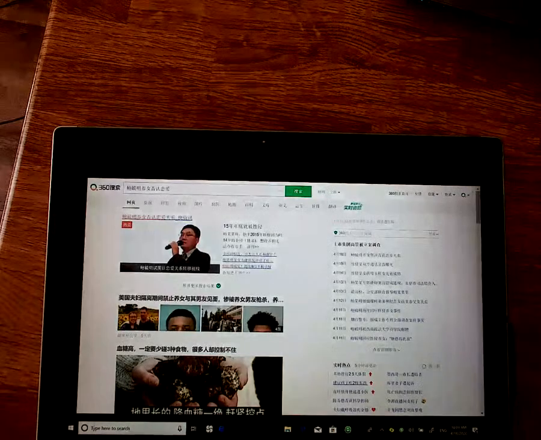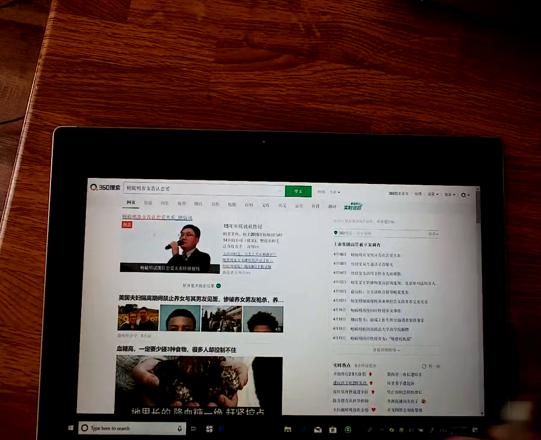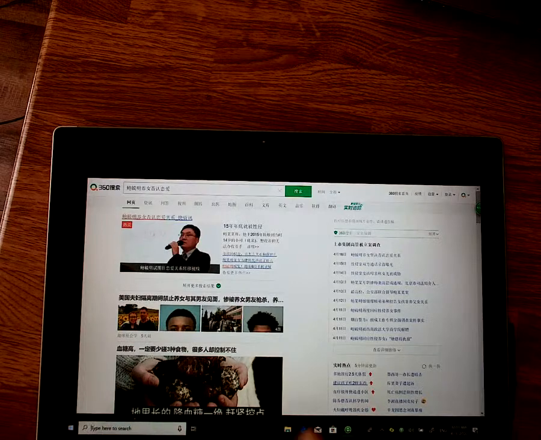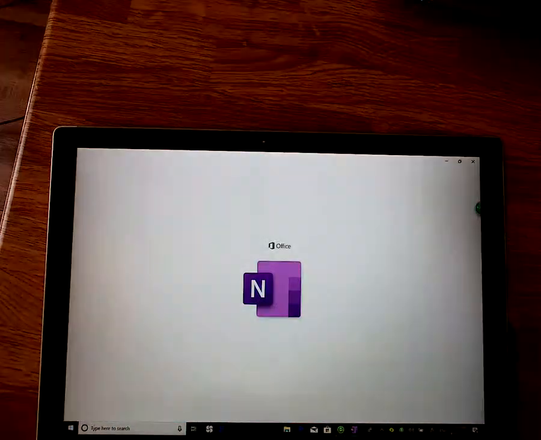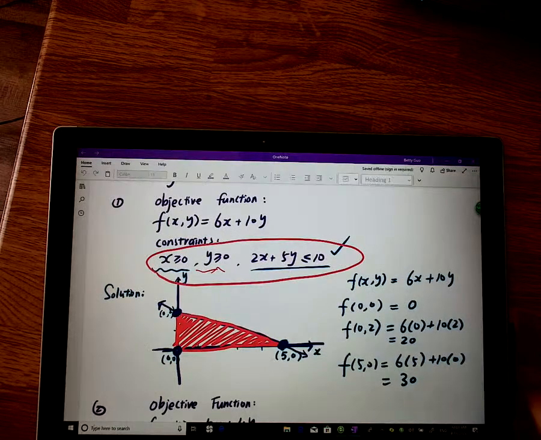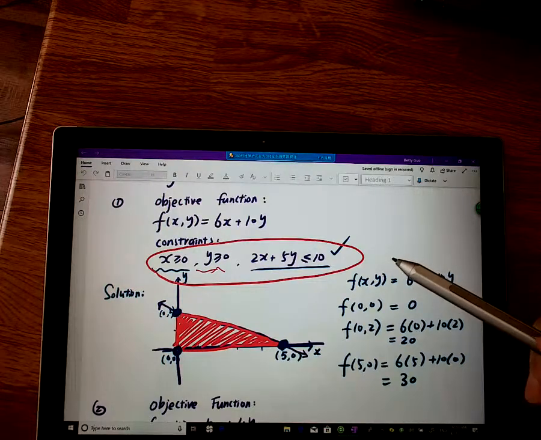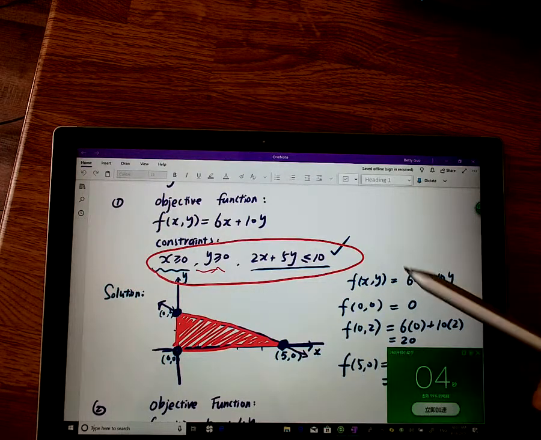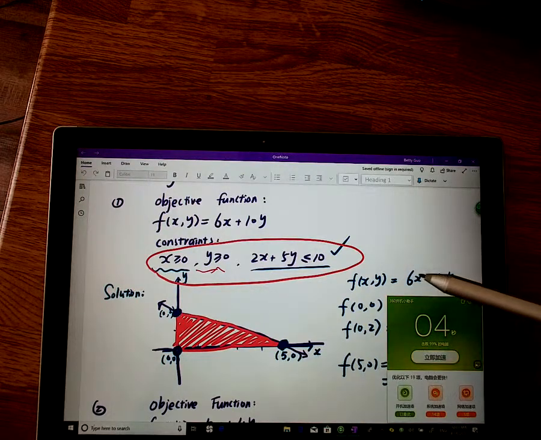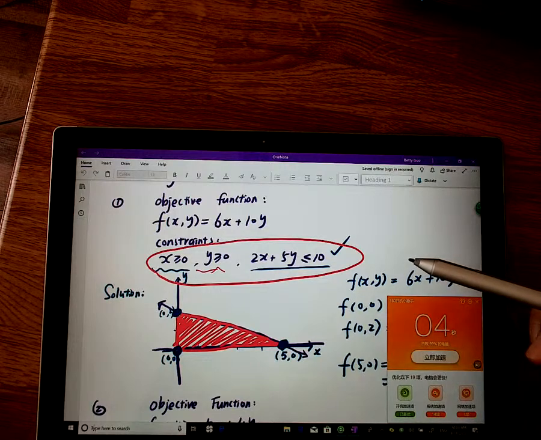You can replay the video for what I just said. There are two things that might be confusing: the maximum value of the objective function, and the point at which the function reaches the maximum value.